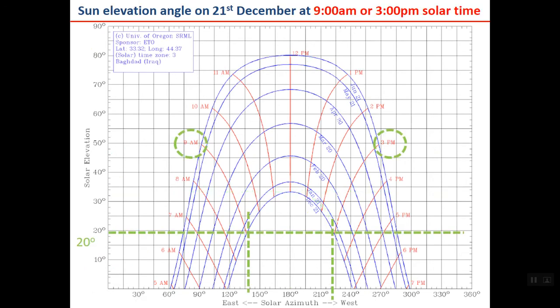There is another way actually. Some people say that the previous method is not a good practice. The better practice may be to take the cross section with 9 a.m. or 3 p.m. solar time. So if you take the cross with the 21st of December, either here at 9 a.m. or 3 p.m. solar time, then the value of alpha S will be 20 degrees.